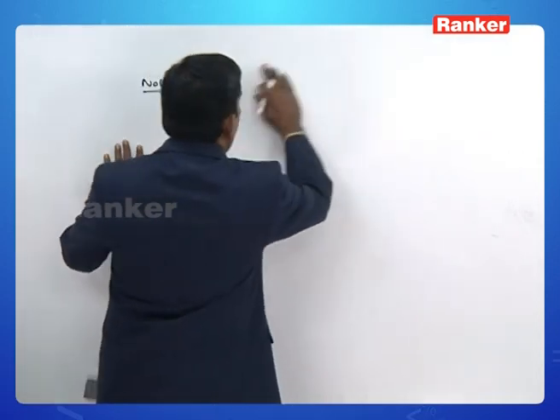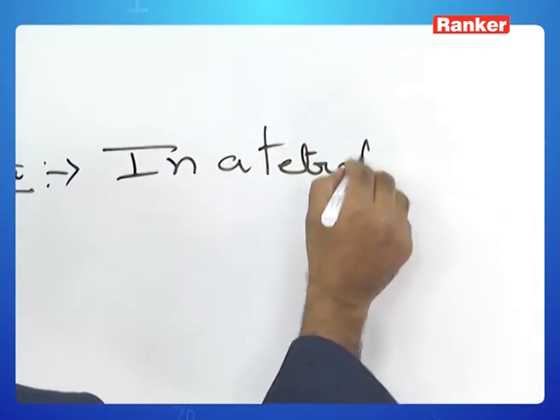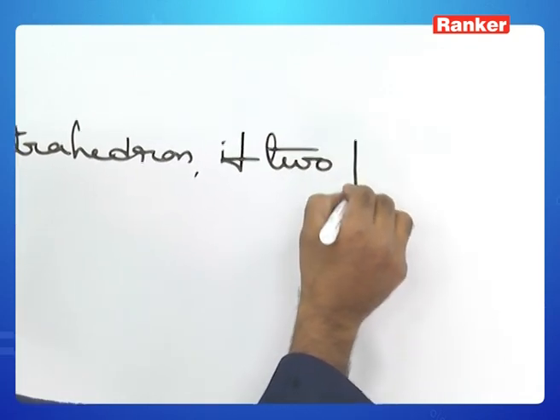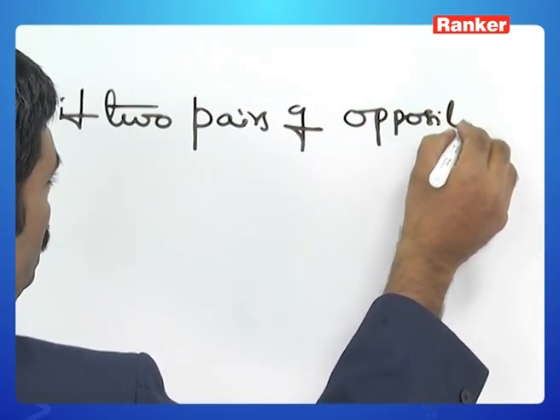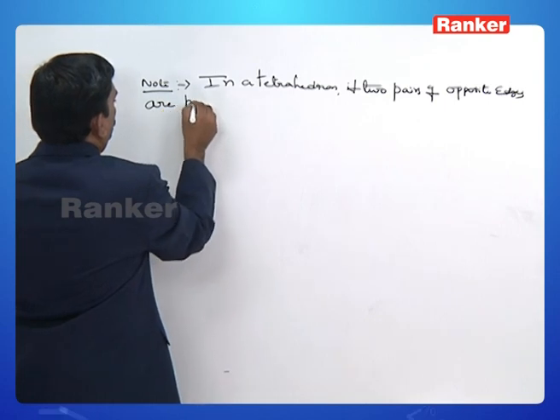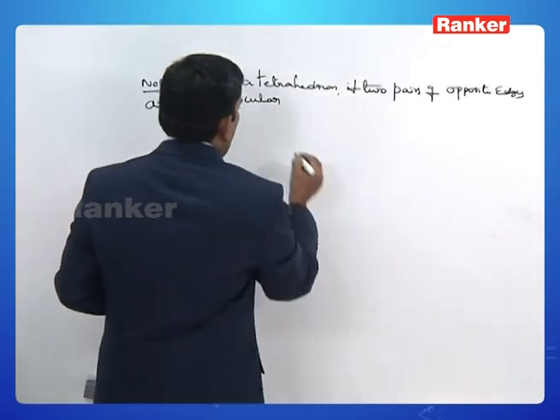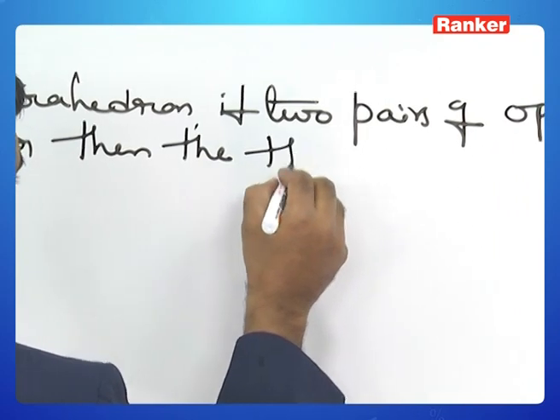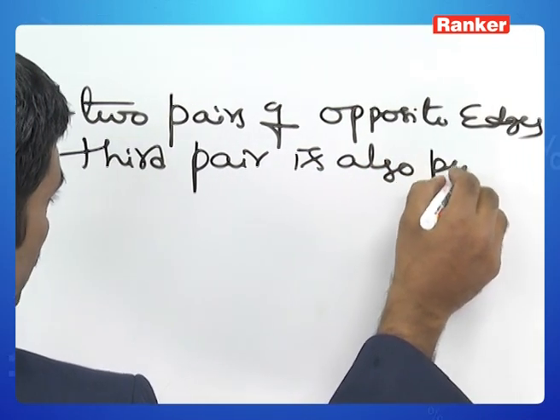So therefore, in a tetrahedron, if two pairs of opposite edges are perpendicular, then the third pair is also perpendicular.